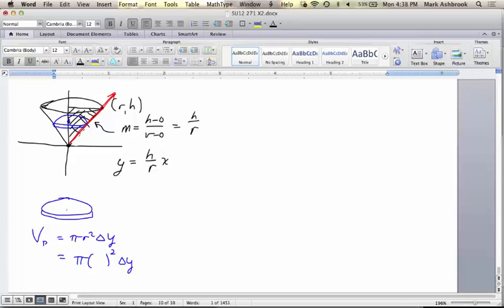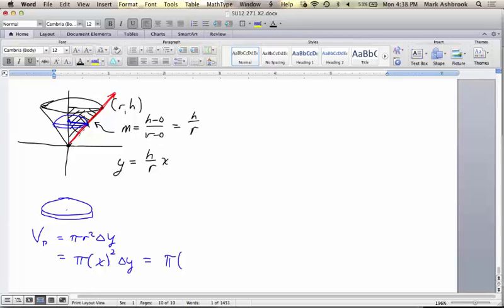So what is the radius of the pancake? The radius of the pancake is the x coordinate. You should all be thinking that, right? But we have delta y, so we've got to get that x in terms of y.